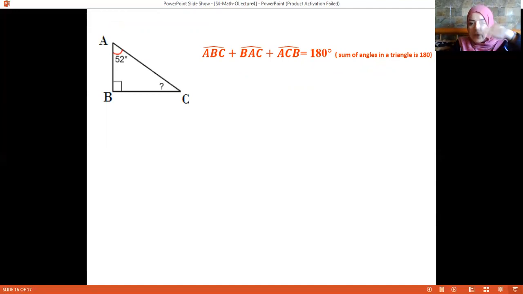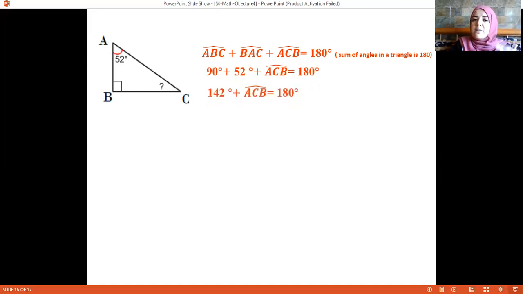Now I put the given. I have the angle ABC 90 and the angle BAC 52. I still need to find ACB. In the third step, we do a calculation. 90 plus 52 is 142. And now I ask myself, what's the number I added to 142 to get 180? We subtract. 180 minus 142 is 38. So angle ACB is 38.